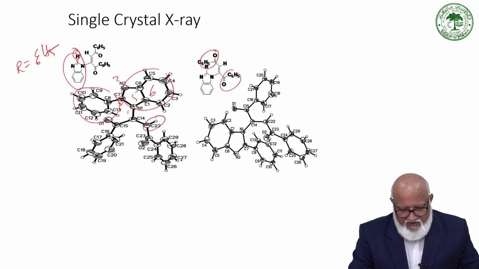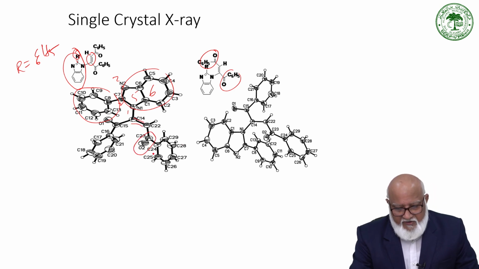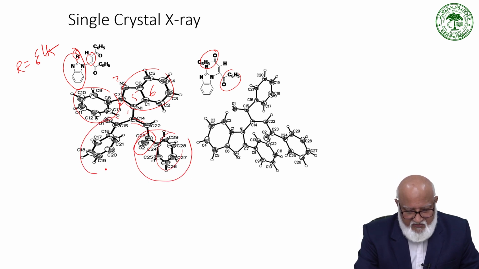This is the ethylene, the carbon-carbon double bond. There is a benzoyl group, carbonyl and then phenyl, so one benzoyl group over here and another benzoyl group here.